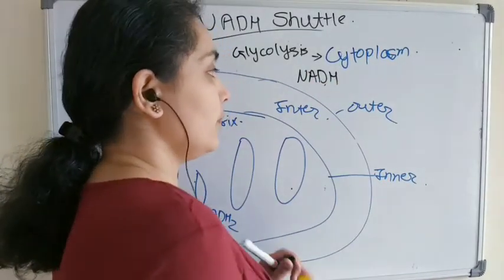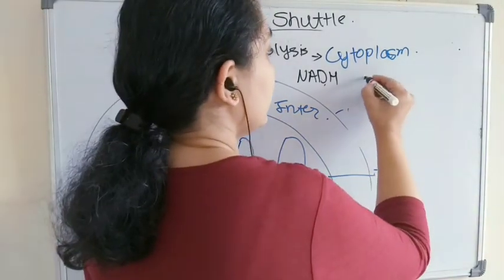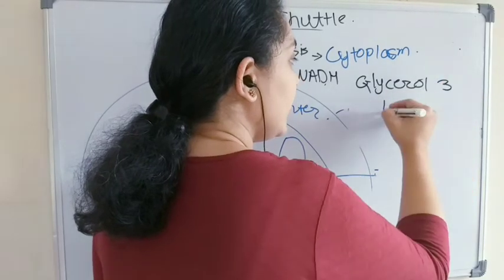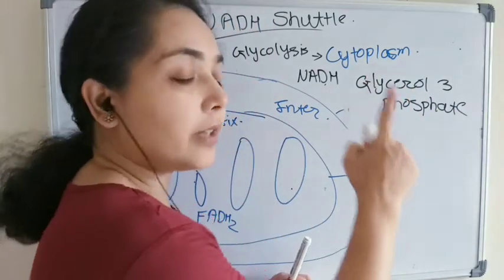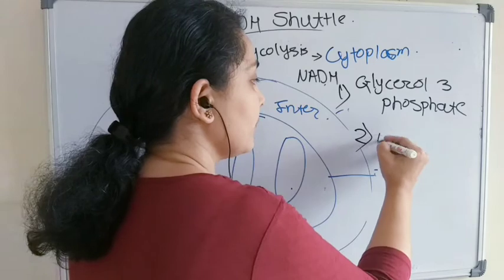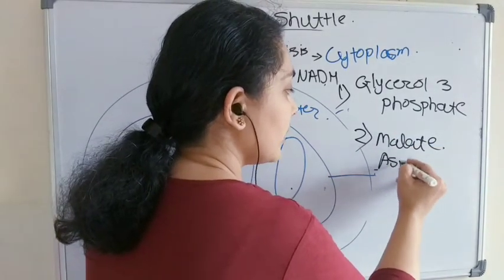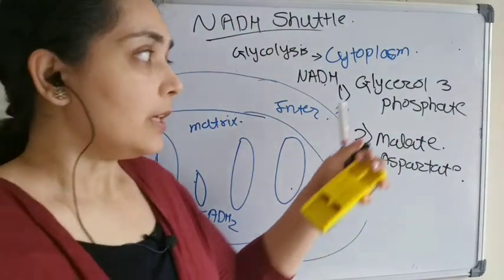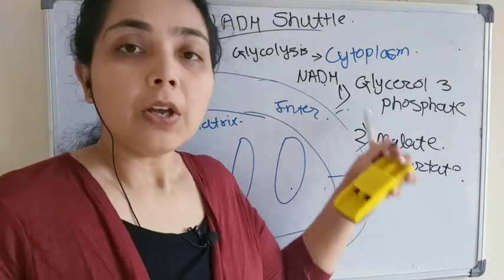These two shuttle systems are the glycerol 3-phosphate shuttle system, and second, the malate aspartate shuttle system.